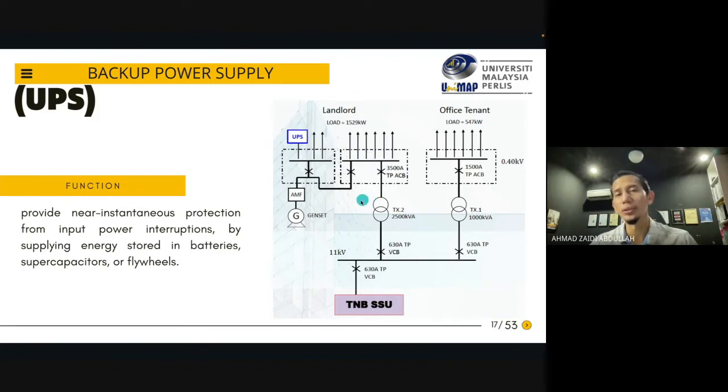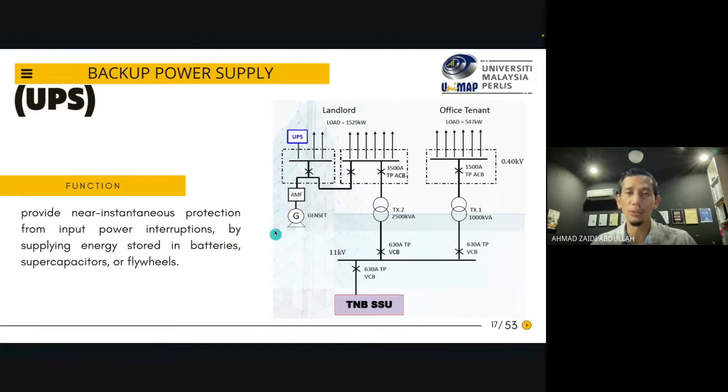So in your project it should be the same, and then one leg is connected directly to the UPS, and the UPS itself will be connected to the specific load that you selected to back up during the interruption of supply from the TNB. So it is different from the genset connection.